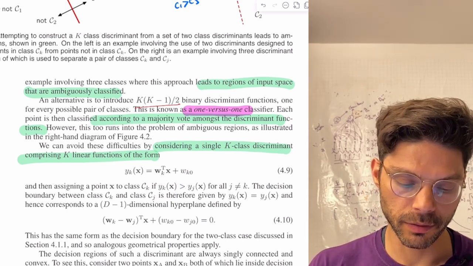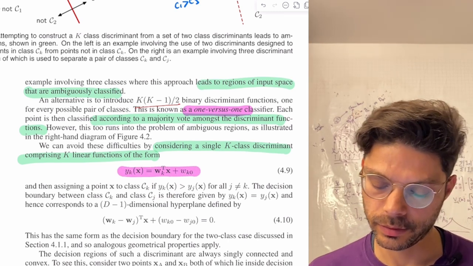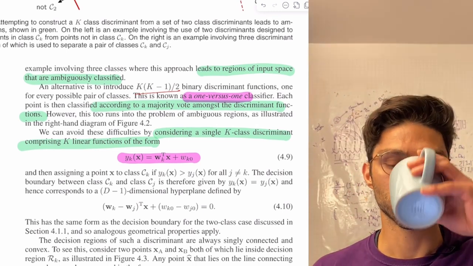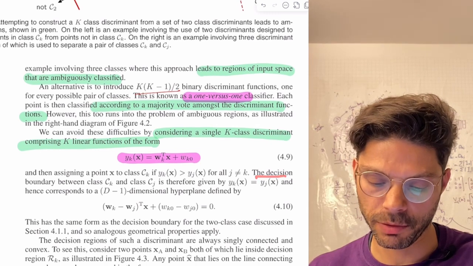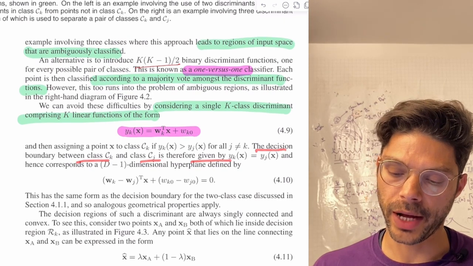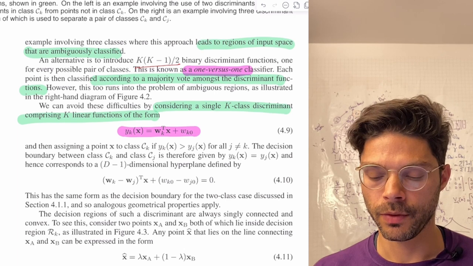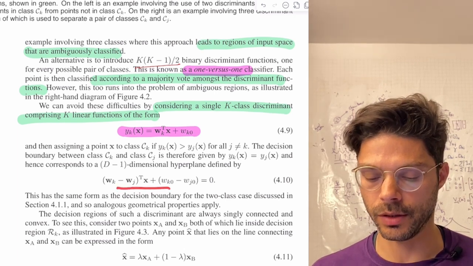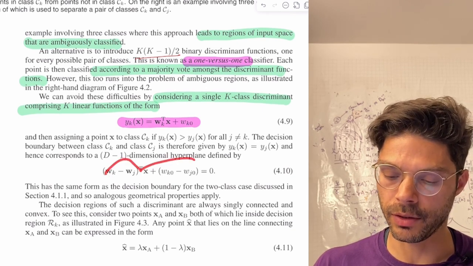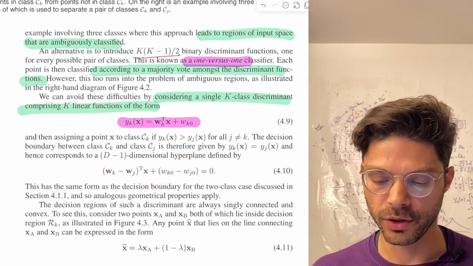Okay, so let's highlight a few of these things. The decision boundary between class Ck and class Cj is given by y_k(x) = y_j(x), and hence corresponds to a (D-1)-dimensional hyperplane defined by these equations. This comes from the equation for y_k and the equation for y_j, and you're taking them to be equal.